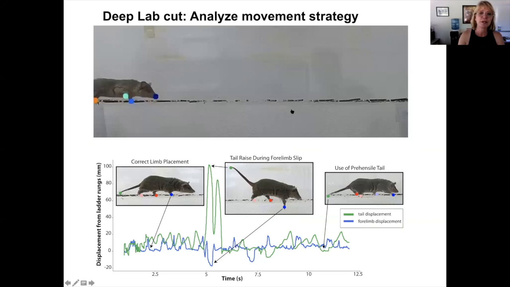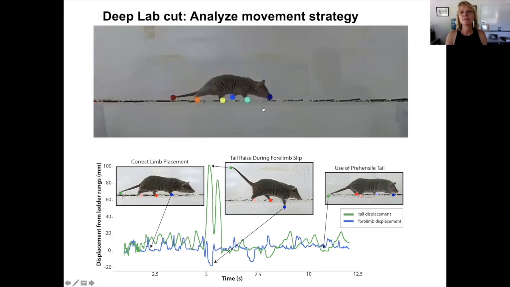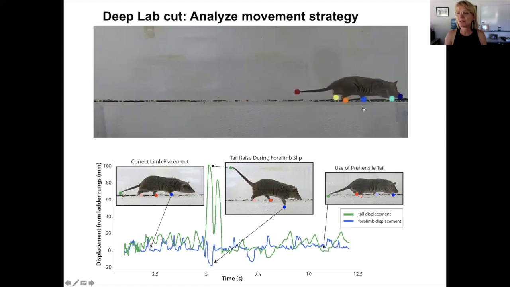It's a machine learning algorithm that allows you to not just look at success rate, how well did they do or how many errors did they make, but you can actually look at the kinematics. So the user places these little balls on the area of interest or the body part of interest, and you can see what happens to the forelimb when it slips and what happens to the tail when the forelimb falls through those rungs.